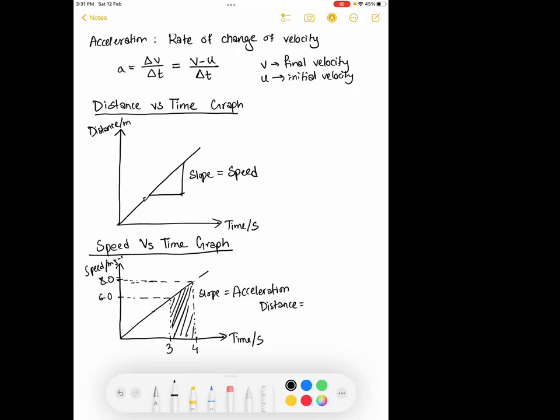So the distance is the area under the graph. That is going to be half times this distance, which is 4 minus 3, times these two distances, 8 plus 6. That will give you 7 meters.